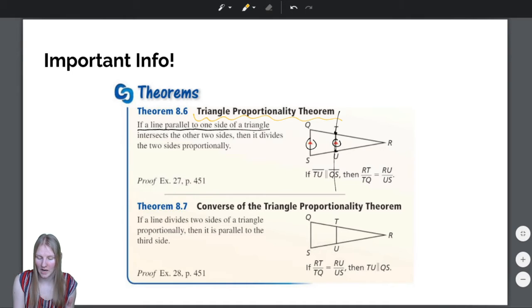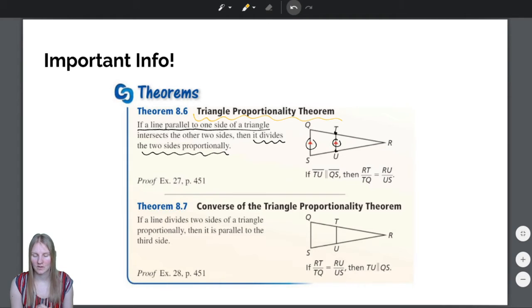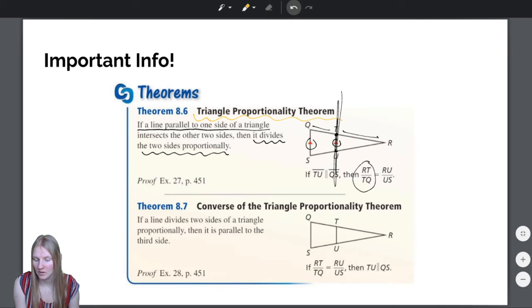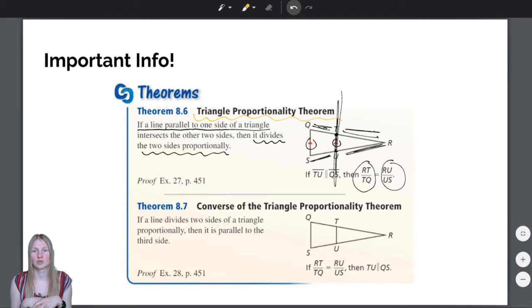So if a line is parallel to one side of a triangle and intersects the other two sides, then it divides the two sides proportionally. So RT to TQ, the ratio of these lengths created by this parallel line, needs to be equal to the ratio of the lengths of the other side of the triangle.